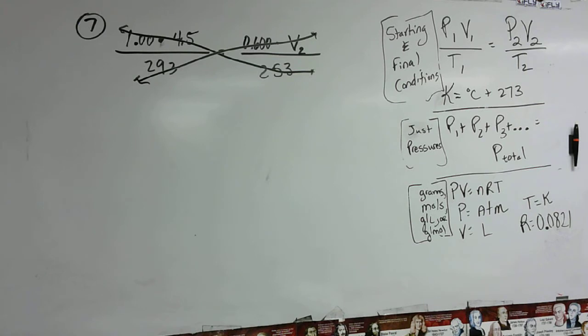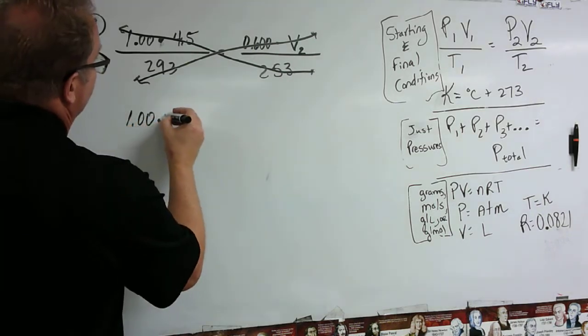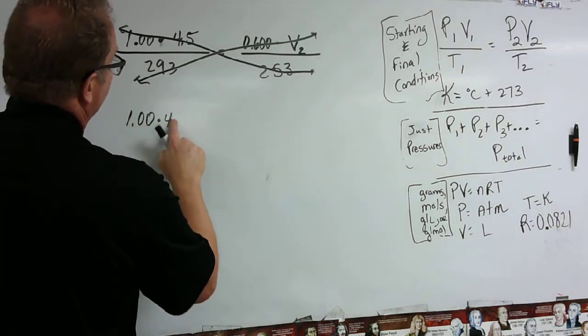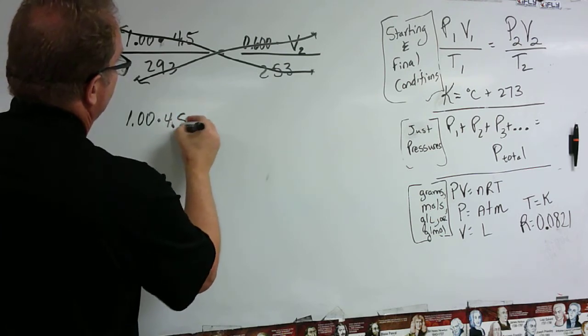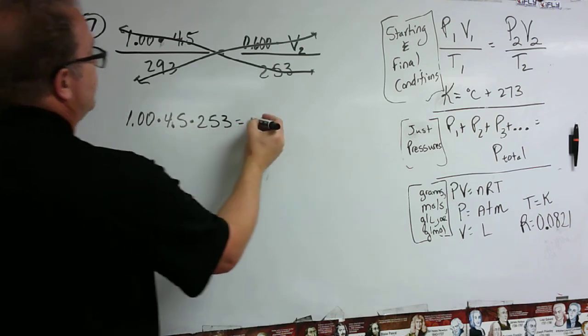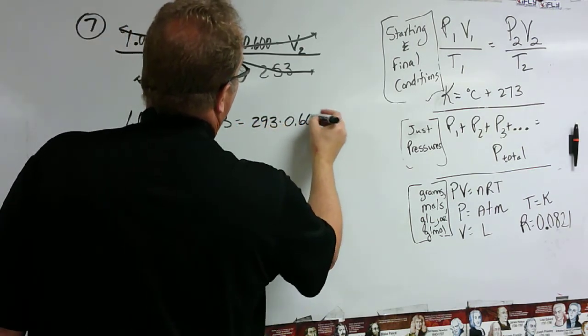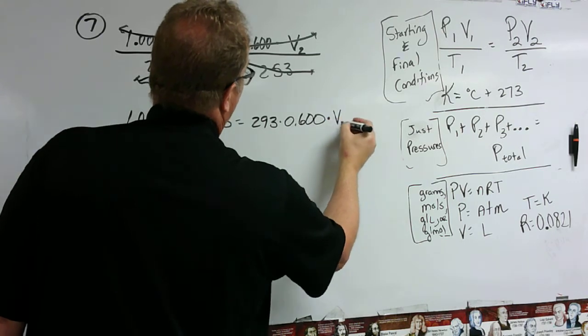Now again, the setup may be a little bit confusing, but it is a cross multiplication and division. So we're going to go 1.00 times 4.5. I'll set this whole thing up. And that equals 293 times 0.600 times V2.